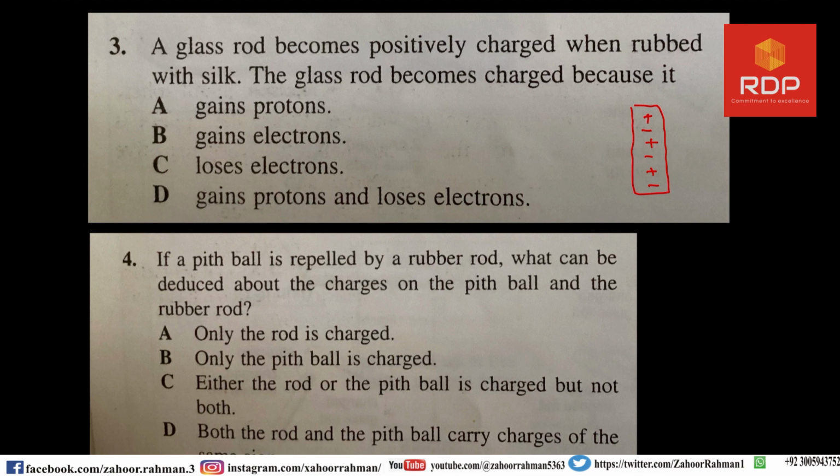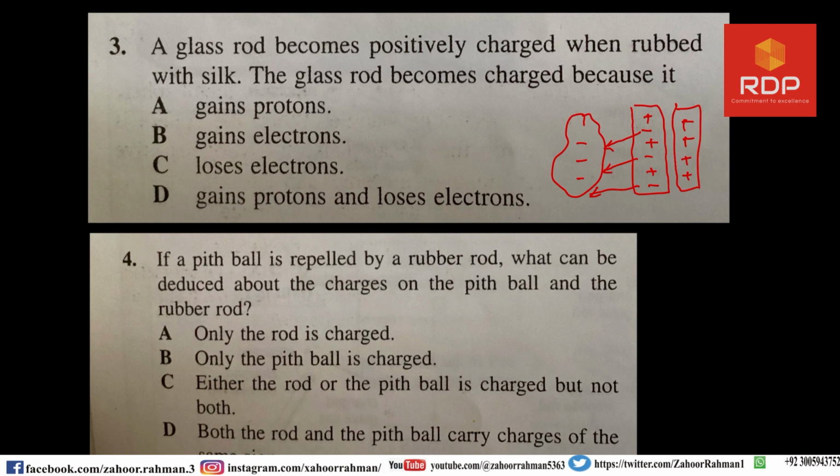When it is rubbed with the silk cloth, these electrons will go to the silk cloth, the silk cloth will be negatively charged, and we will be left with only the positive charge. Similarly we can say that now the rod is positively charged.